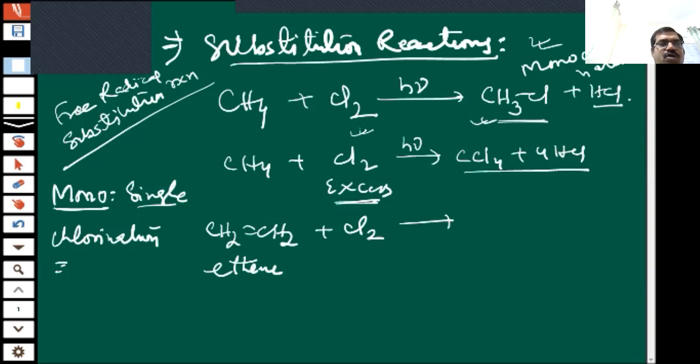Introducing chlorine in some molecule is known as chlorination. So when you are introducing one chlorine, then it is known as monochlorination. If you have introduced 4 chlorine in this molecule, then tetrachlorination. Did you understand this?